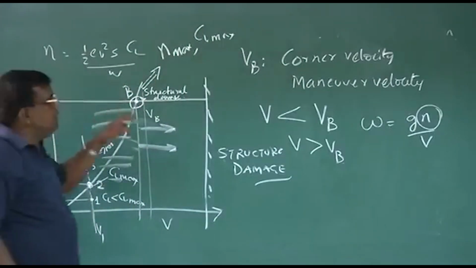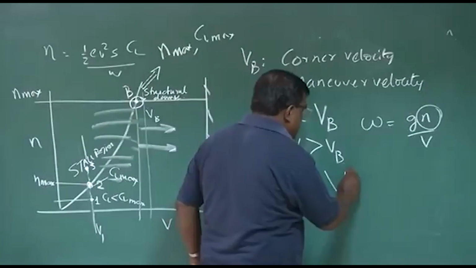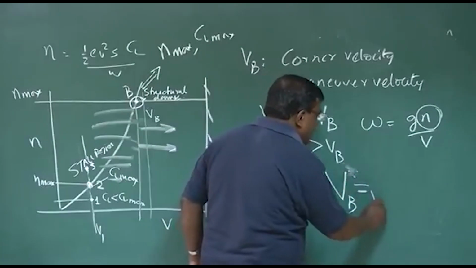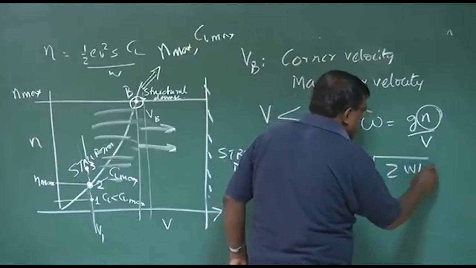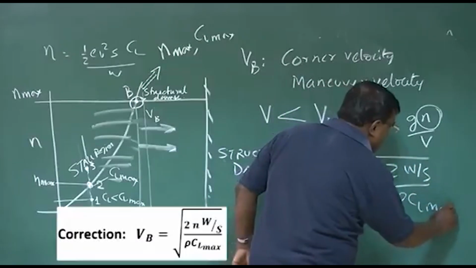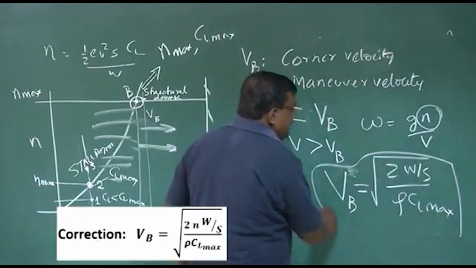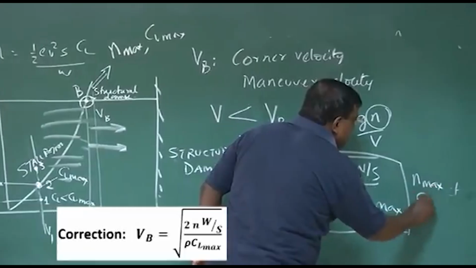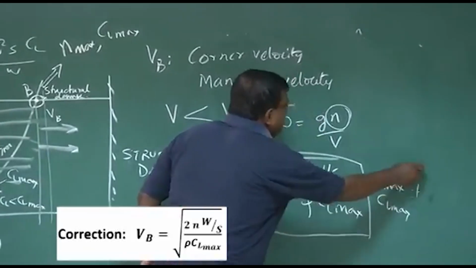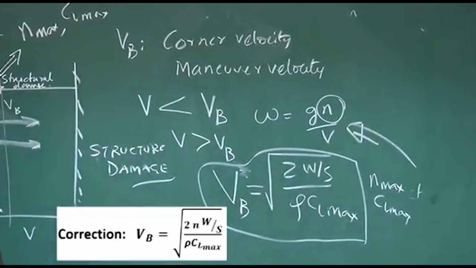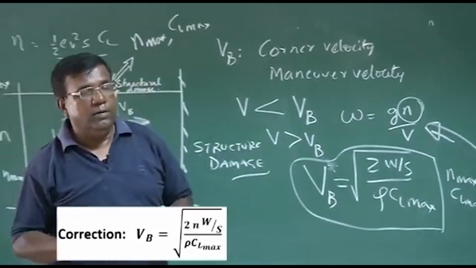So this speed, VB I say, is 2 W by S by rho CL max. At this speed, n is max, CL is max, and from here you could see the angular rate is also maximum. The pilot has these two pieces of information very explicitly.